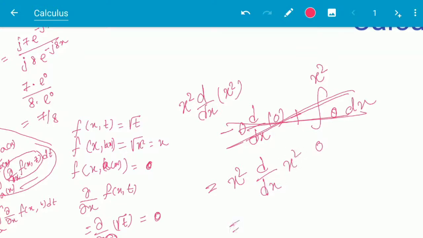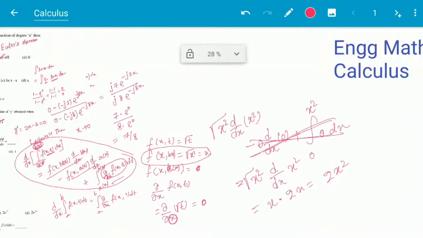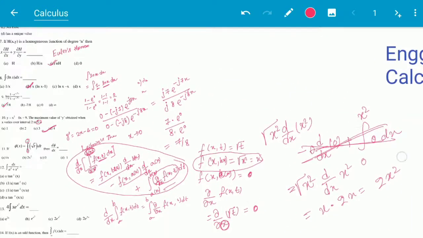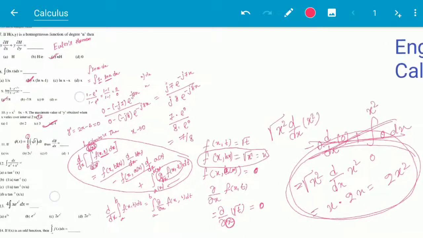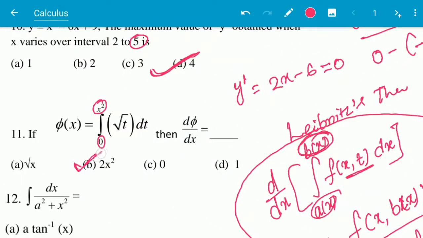Here this is x into 2x, that is 2x square. This is taking too long, but here we can solve only these 2 points. So this will be 2 into x square.